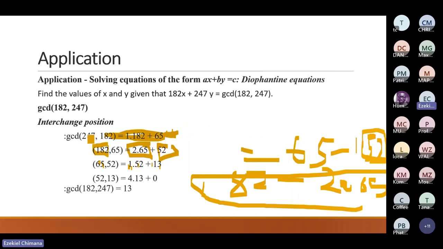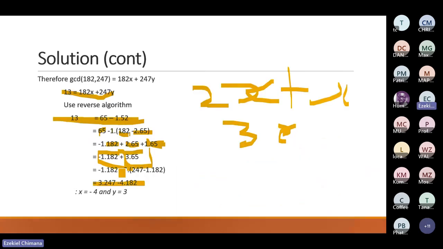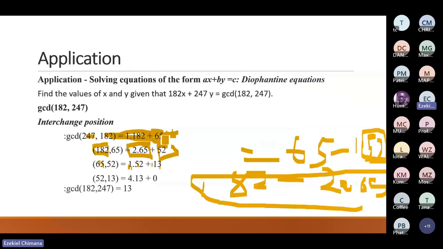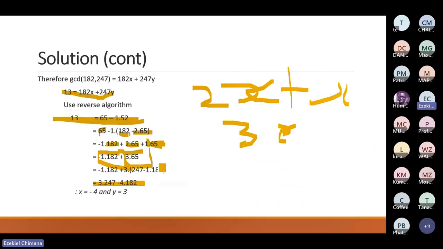So here we're saying this 247 would be equal to, so this 65 will be equal to 247 minus 1 times 182. That's what we have here. 247 minus 1 times 182 is the one which is equal to this 65. If you evaluate that, you get that 65.